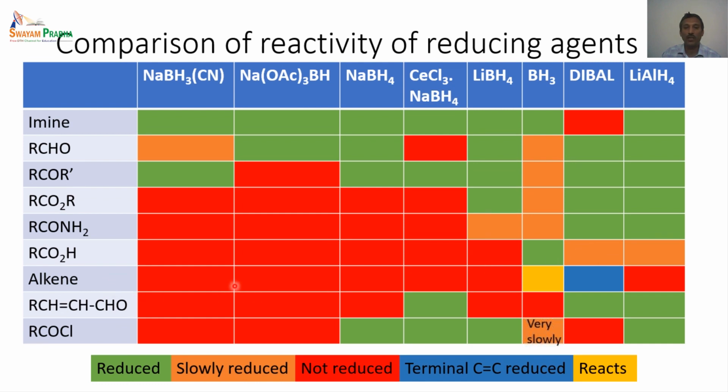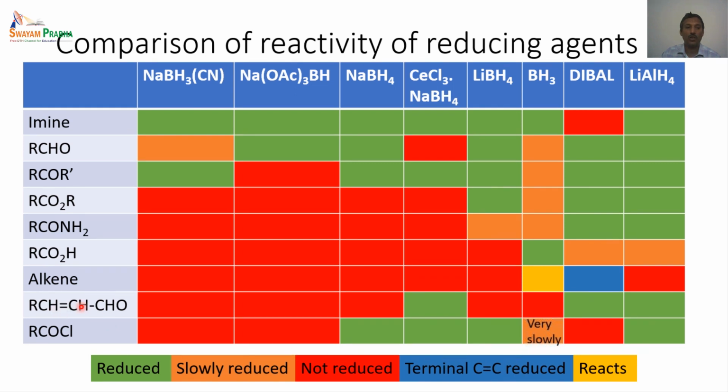And when we talk about alkenes, borane actually reacts with the alkene, whereas with DIBAL-H, the terminal double bonds are reduced. For alkene reduction, we generally use palladium, platinum or nickel in the presence of hydrogen for reducing double bonds, whereas none of the boron reducing agents shown here reduces the alkene, except DIBAL-H, which reduces only the terminal double bond.